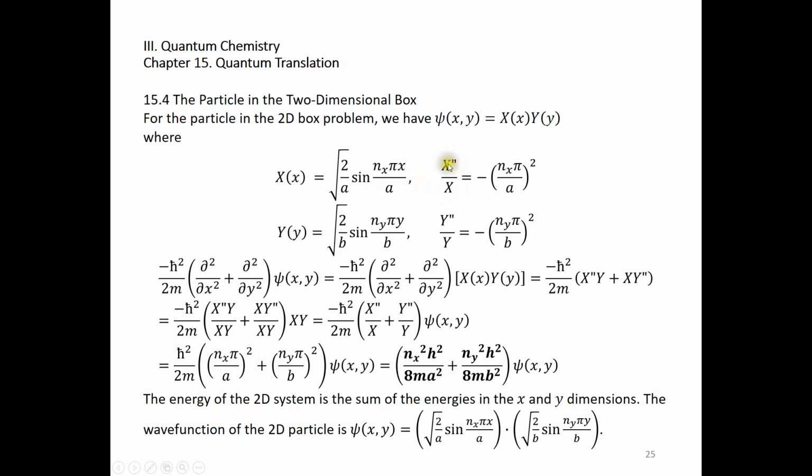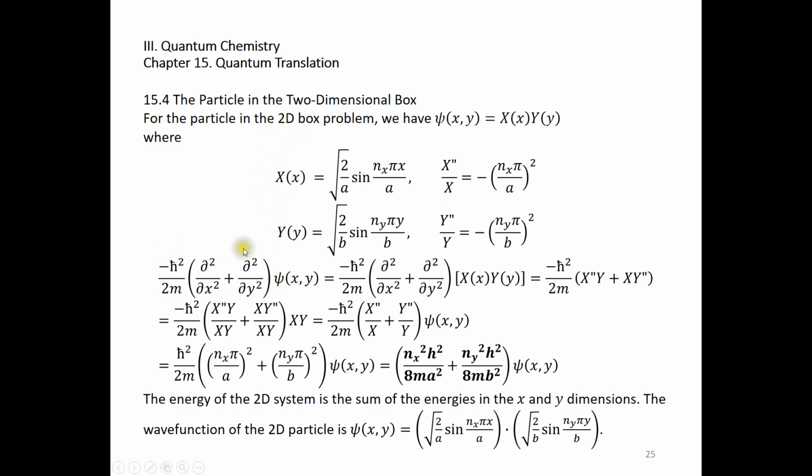The second derivative of this x over x is negative n sub x pi over a squared. Same here. The second derivative of the y function over the y function is negative n sub y pi over b squared. The reason we derive this is because it's more convenient for us to use these equations when we try to determine the kinetic energy of the particle in the two-dimensional box.